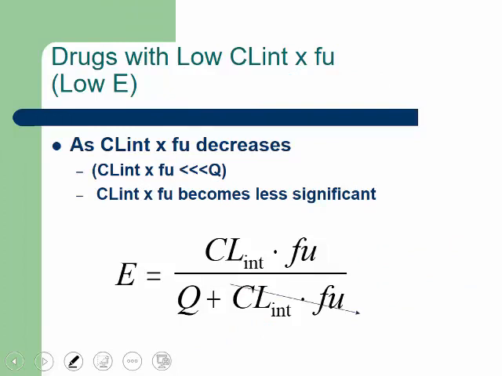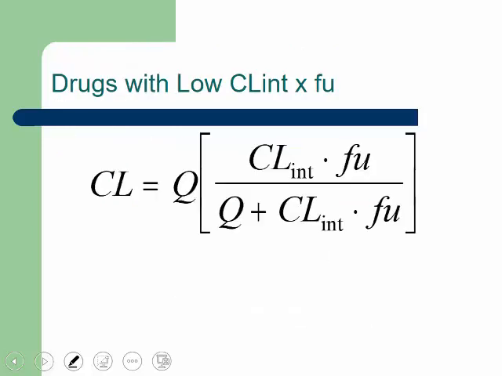So sure enough, it's our rate limiting step. Our rate limiting step is intrinsic clearance times fraction unbound. So that falls out of the denominator, and we end up with this equal to, this falls out. So E is equal to intrinsic clearance times fraction unbound over Q. This is E, right?